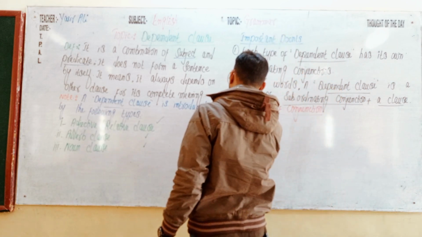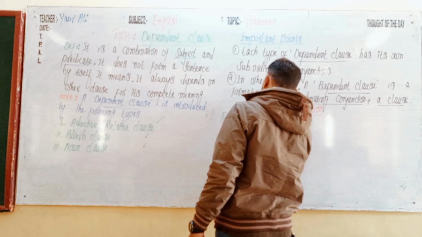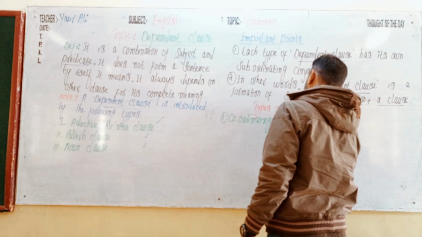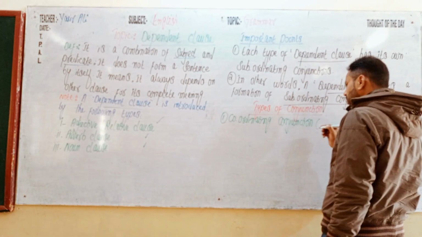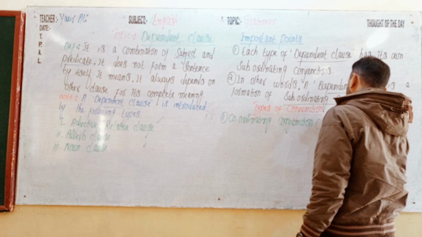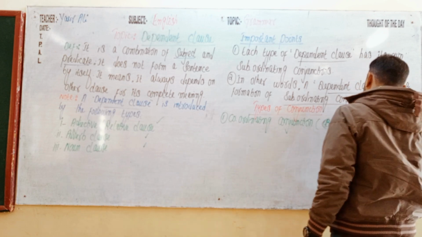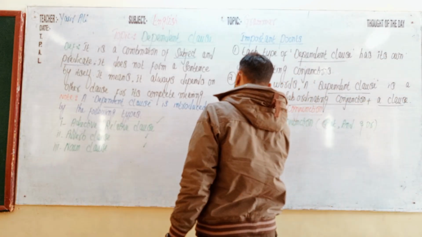The very first type we have is coordinating conjunctions. And common coordinating conjunctions are but, and, or.